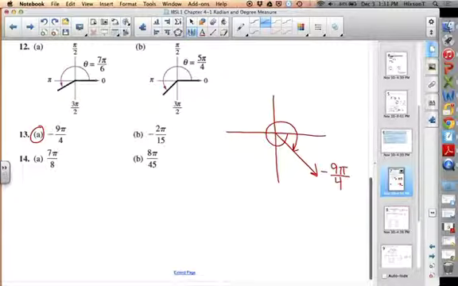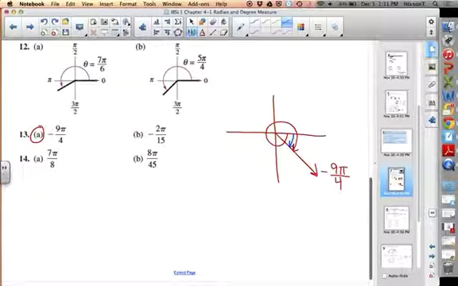Now, the directions said to find one positive and one negative coterminal angle. So if I were trying to find the positive coterminal angle, I added 2 pi, then that would have actually given me this.